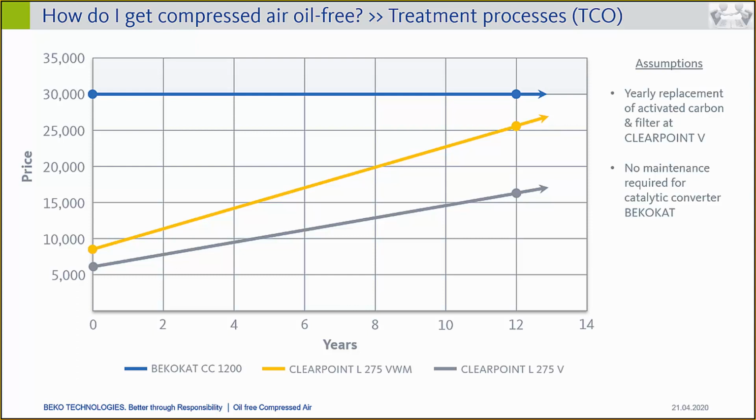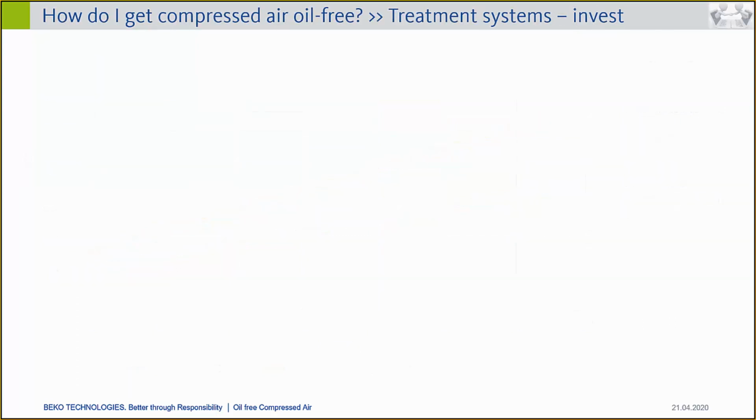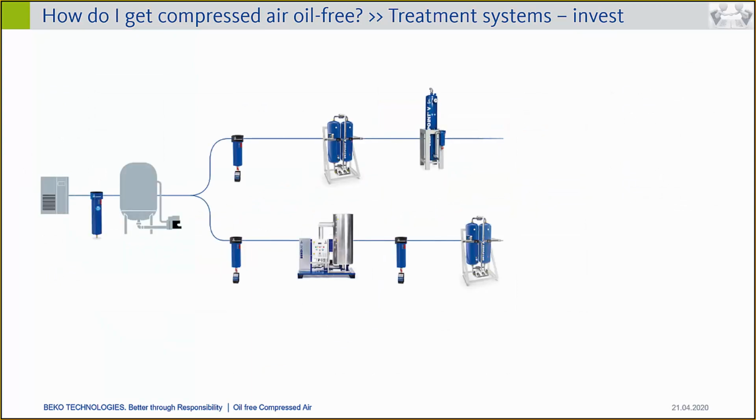So let's make an example with a complex compressed air system. What we see here is a regular system starting with the compressor, water separator, and receiver. And then we have two options of treatment processes. On the upper line, we have the adsorption line, let's say that way.